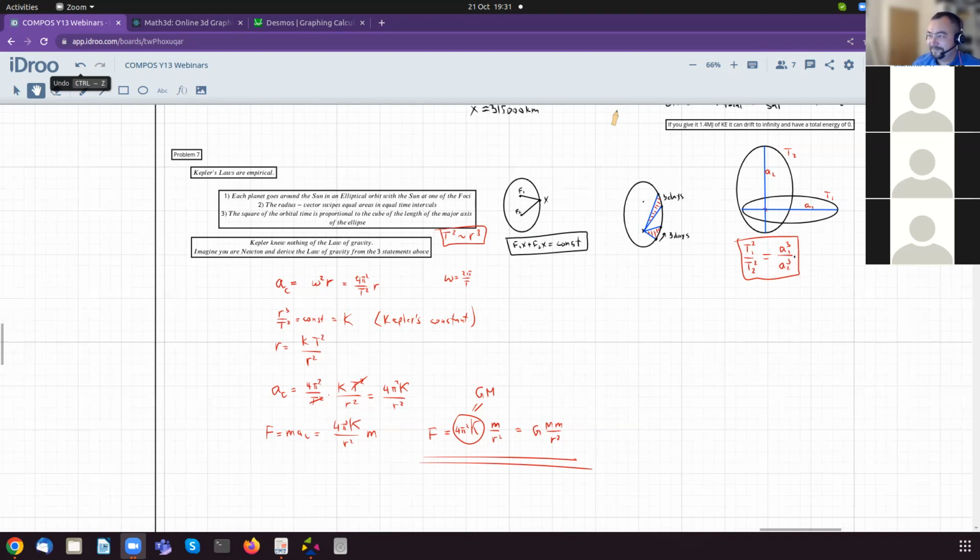Can I ask a quick question, please? Yeah, go for it. You said that the gravitational potential, I've read, is the work done moving an object from infinity to a certain point. Yes. And you also said it was negative. I don't understand. How can work done be negative? Surely it's always positive.